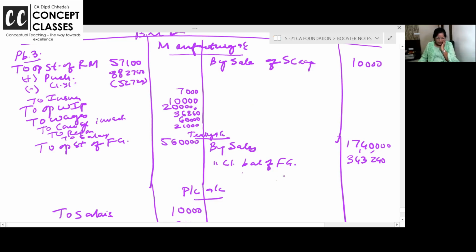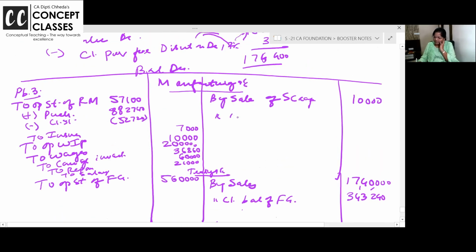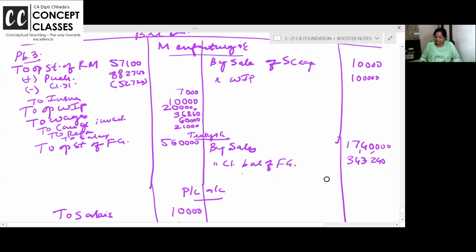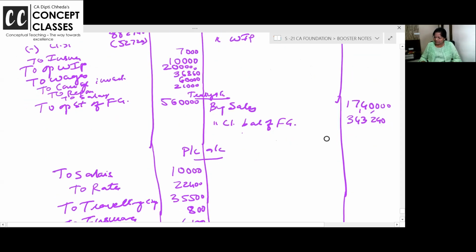Finished goods stock in the trading account. Work in progress credit in the manufacturing account. Finished goods credit in the trading account. And raw material credit in the raw material consumed.